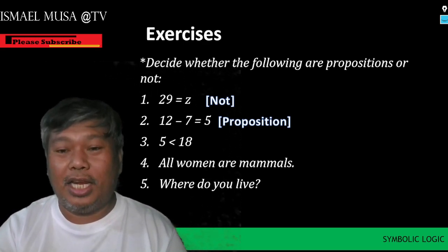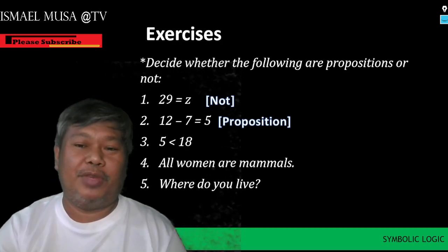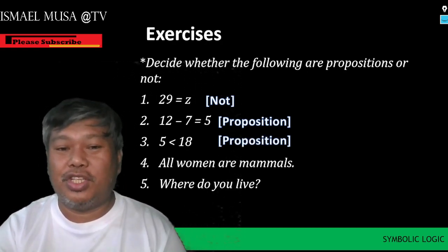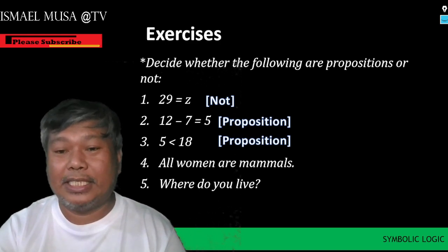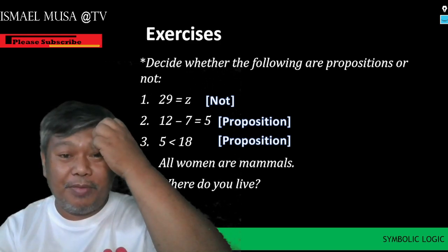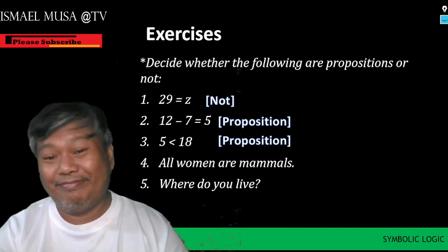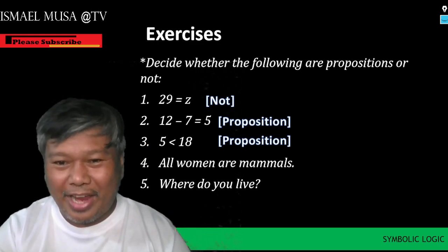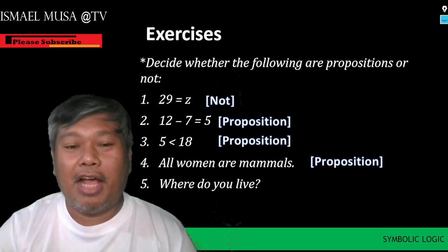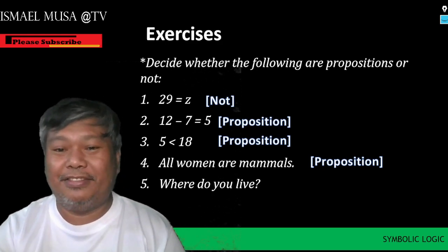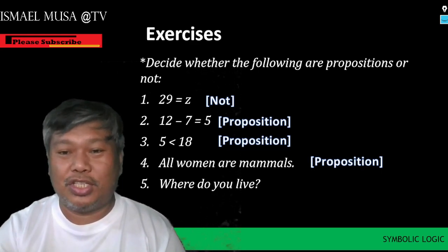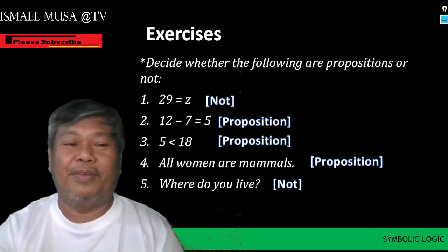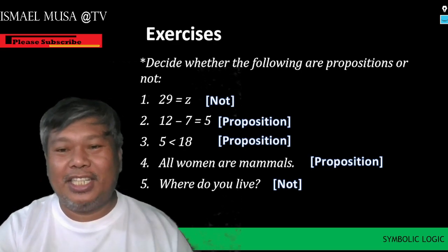That's an inequality, and it's a fact that 18 is greater than 5, so it's a proposition. How about all women are mammals? You're correct, it's a proposition. How about where do you live? Again, that's a question, so that is not a proposition. Very good. Let's proceed further.